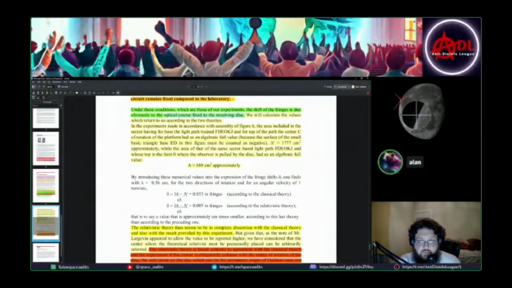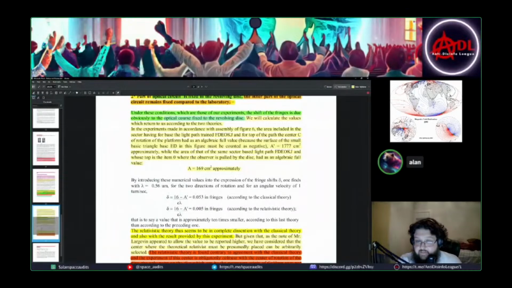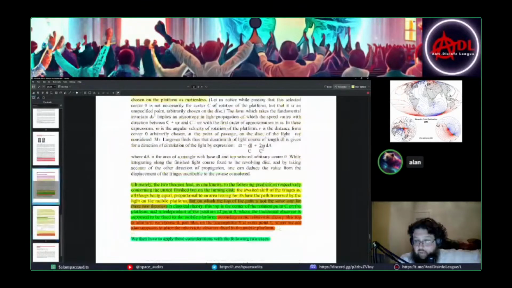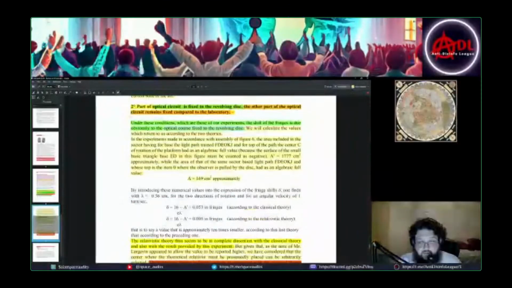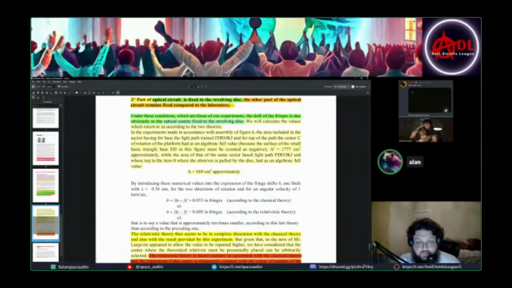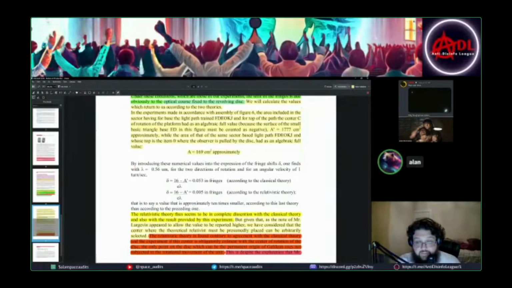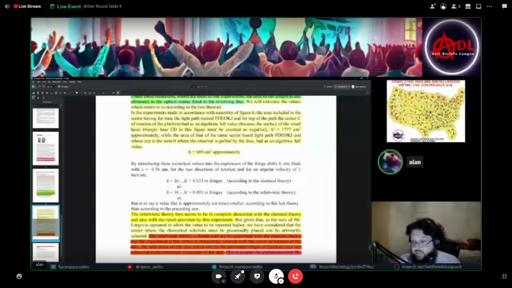They calculate how much the fringe should be displaced if the observer was in the traditional location of the Sagnac configuration, instead of on the lab wall or on the rotating device. Classical theory predicts 0.053 in the fringe distance, and relativity theory predicts 0.005 in the fringes. They're 10 times off.